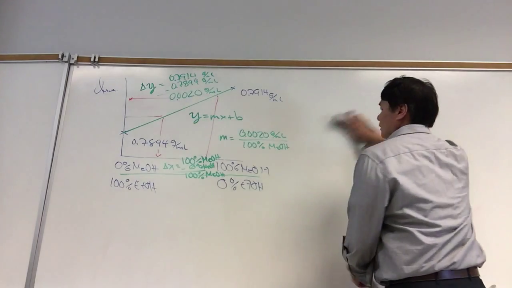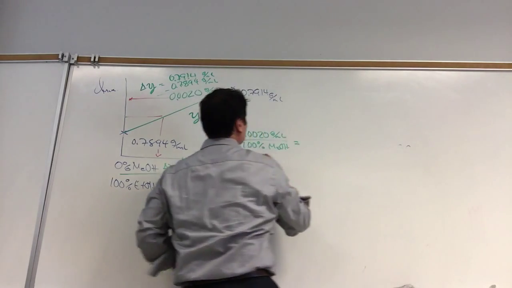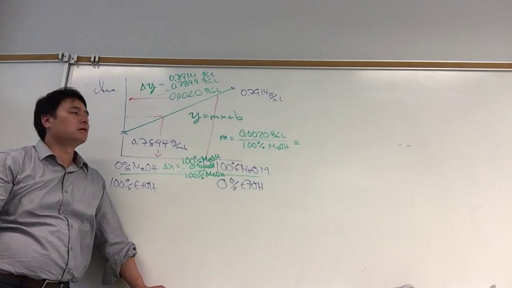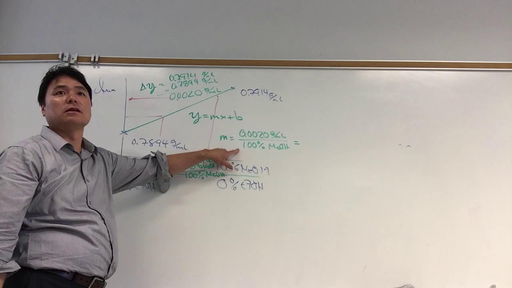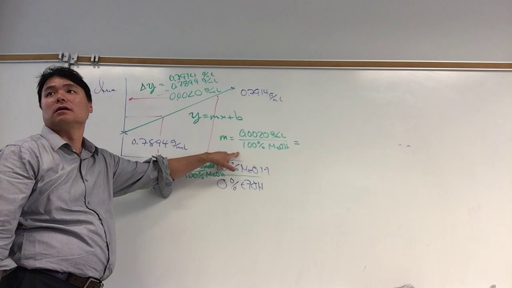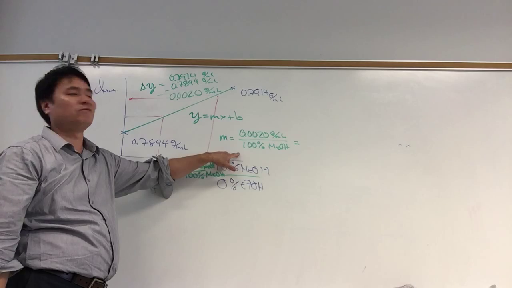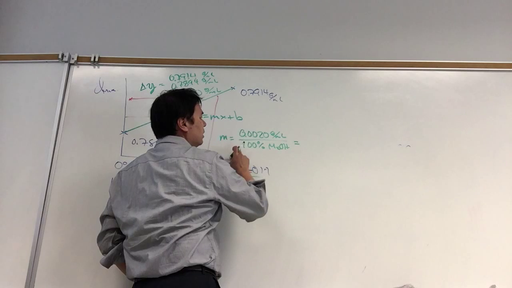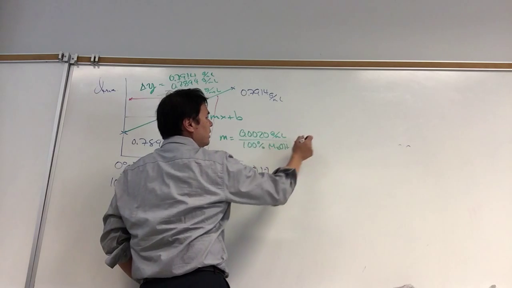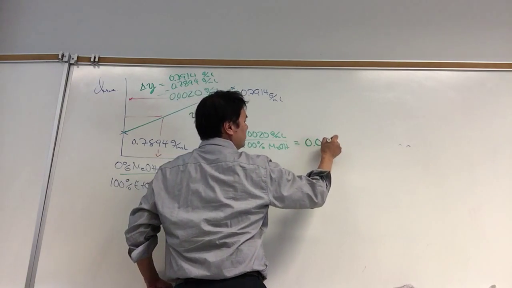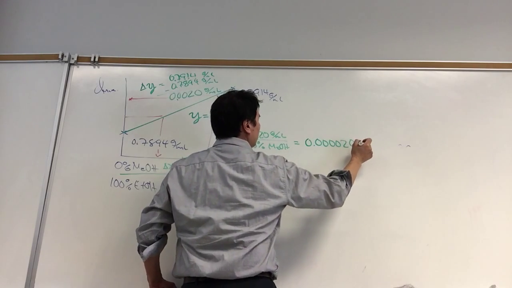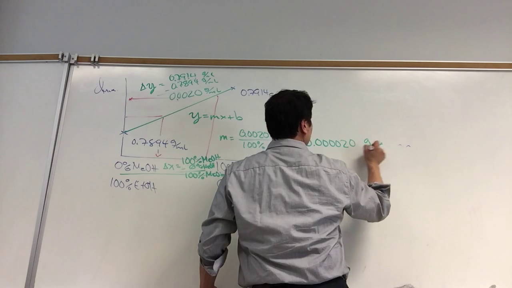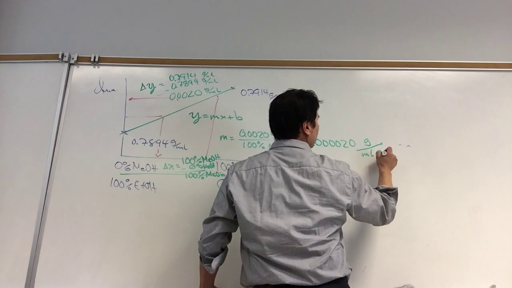And this equals, how many sig figs is this up here? How many sig figs is this? Yeah. Infinite, we'll just say 100%. And so here we're going to get 0.000020. Units will be grams per milliliter per percent methanol. So I'll do grams, milliliters, percent methanol.